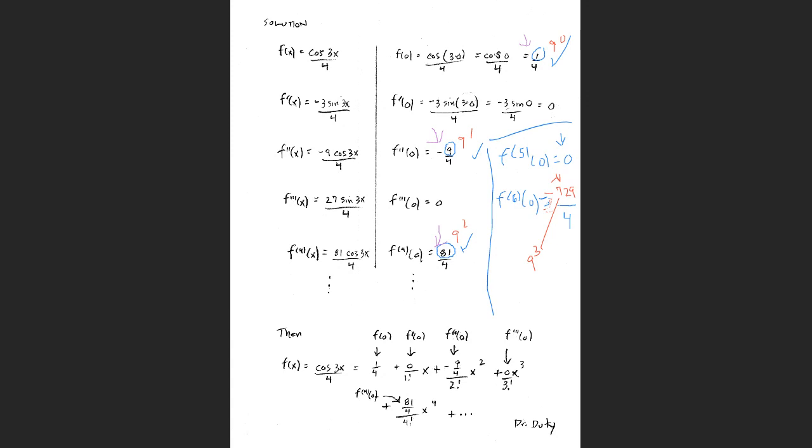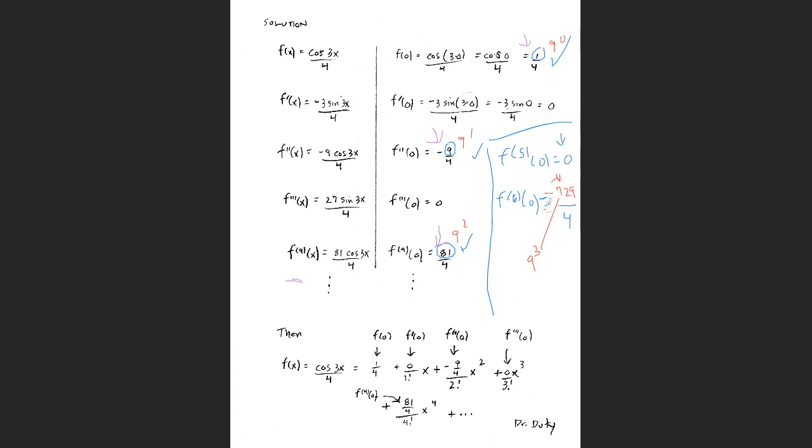A positive 1 fourth, negative 9 fourths, 81 fourths. The sixth term of the series is going to then go negative. Now, I could go out and compute my sixth derivative of my function and actually show that the sixth derivative of the function evaluated at 0 is equal to negative 729 over 4. I could show that. But there's always a pattern, and sometimes you can get the pattern based on the first 4 or 5 terms.